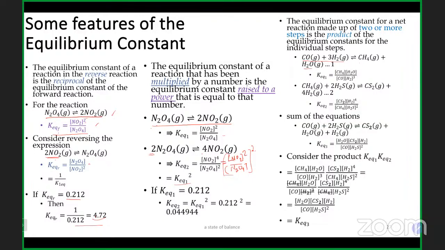The equilibrium constant expression is CH4 times H2O divided by CO times H2 raised to power 3. And this is equation 1, that's equation 2. Also, this is the equilibrium constant expression: CS2 times H2 raised to power 4 divided by CH4 times H2S raised to power 2.